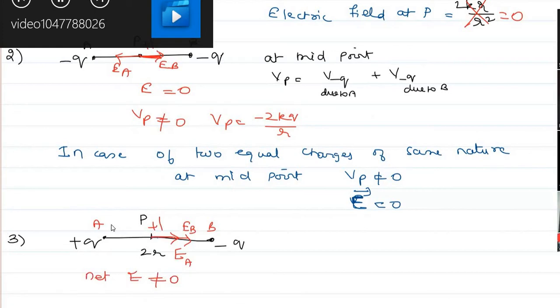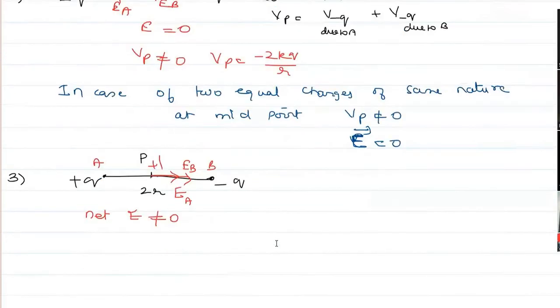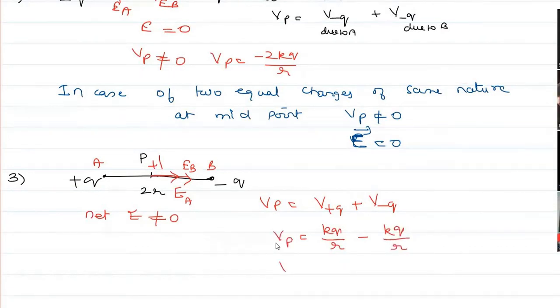What will happen to the electric potential? Calculate and tell me. The electric potential at point P will be due to plus Q and minus Q, both the charges. So due to the positive charge, it will be KQ by R. Due to the negative charge, it will be minus KQ by R, because it is a negative charge. So potential at this point will be 0.